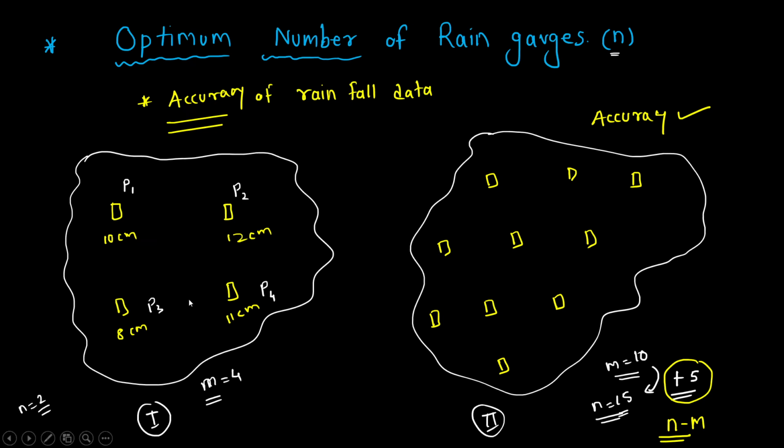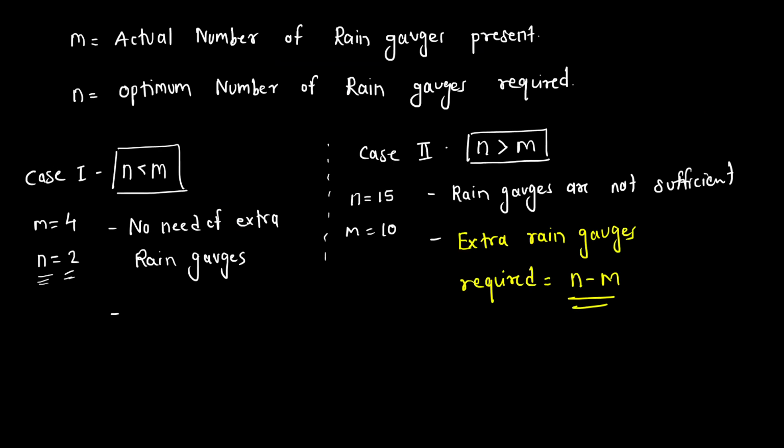So in the previous video, we have seen how to calculate the optimum number of rain gauges. Okay, so there are certain IS specifications which you should know. So just write it down. According to, or we can say, rain gauges.